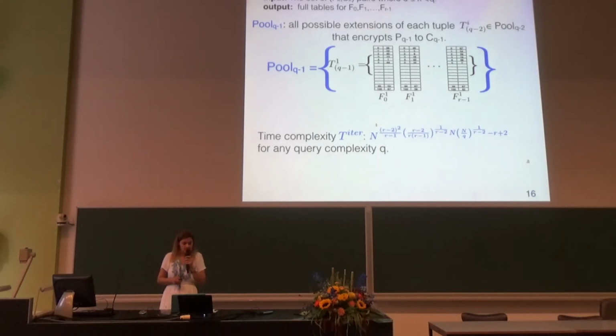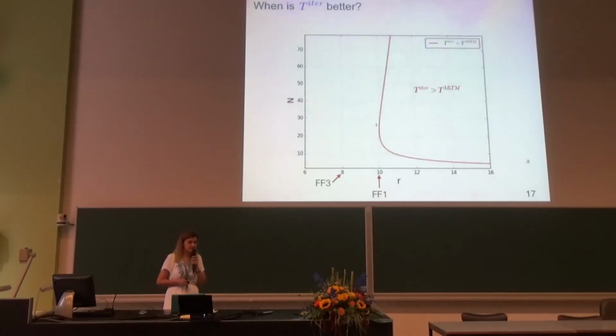Okay. So now what we need to look at is to compare the algorithm with meet in the middle, and I want you to remember that R, number of rounds, was 8 for FF3 and 10 for FF1 that I was interested in.